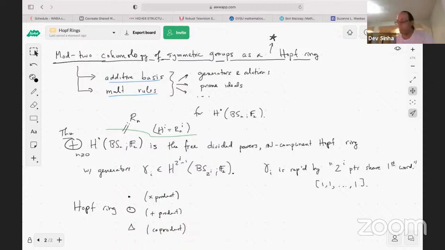The way these work, of course, is that products and coproducts go between tensor products of the vector space that underlies a ring and itself, or vice versa. But these impact the gradings substantially. They're governed by gradings in the sense that if I take something in the nth component and something in the mth component, I'm going to go to the (n plus m)th component.